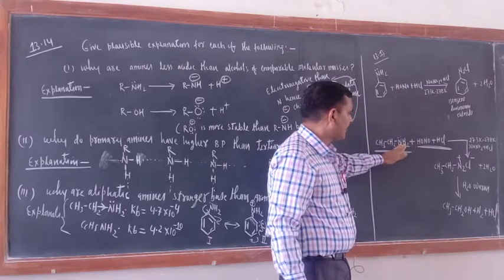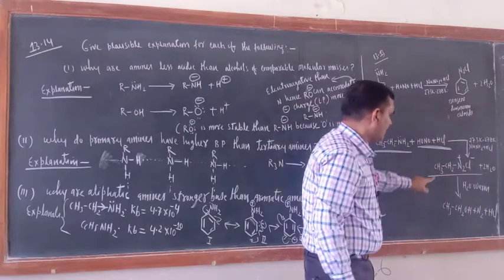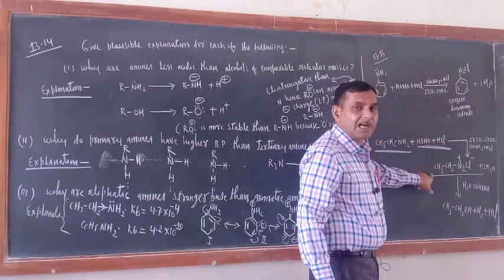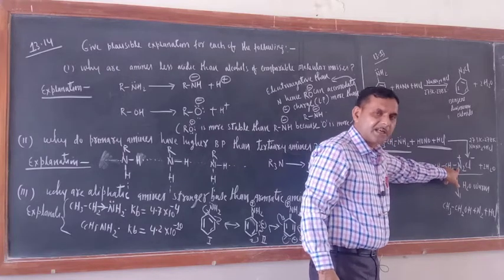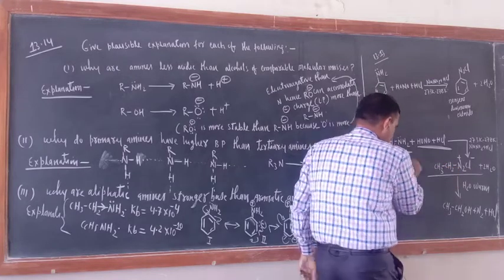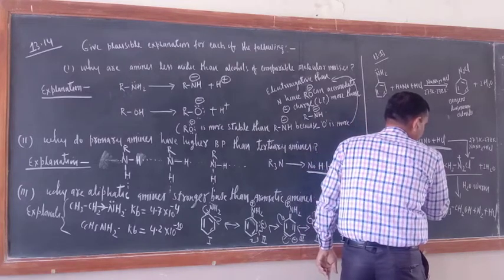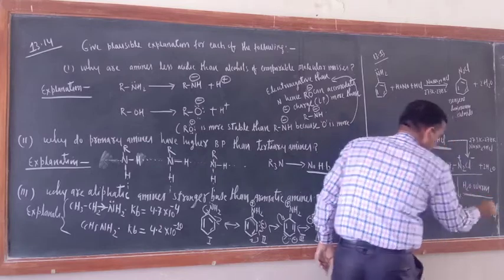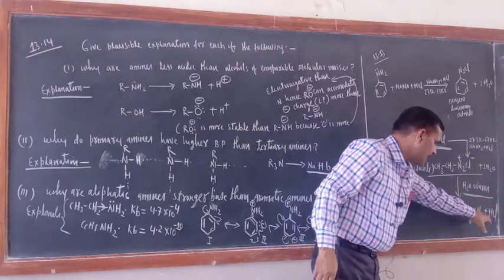Aliphatic primary amines also form the diazonium salt, but they will form alkyl diazonium, ethyl diazonium chloride, and this is an unstable compound. Very soon when you warm with water, it will form alcohol, nitrogen gas and HCl.